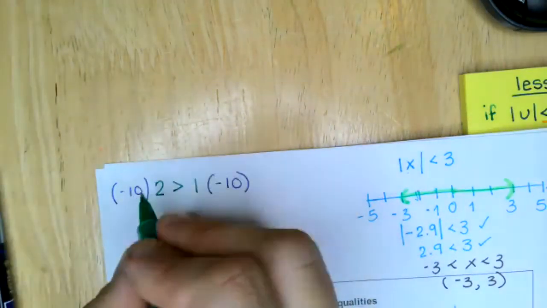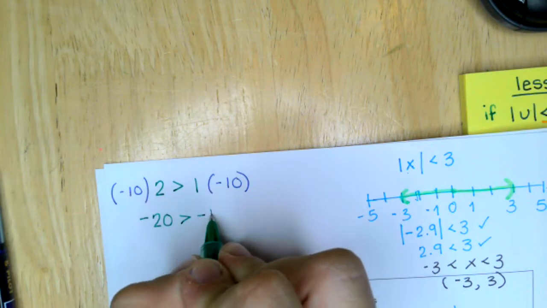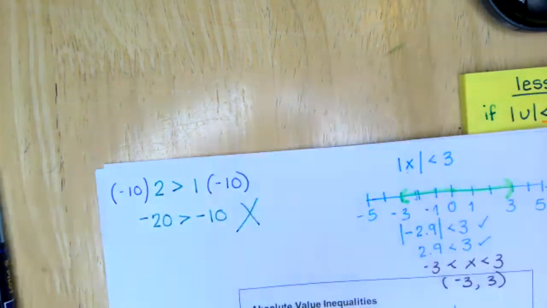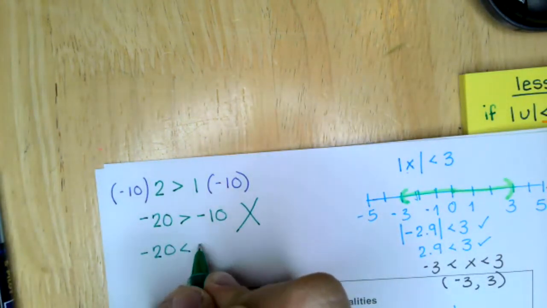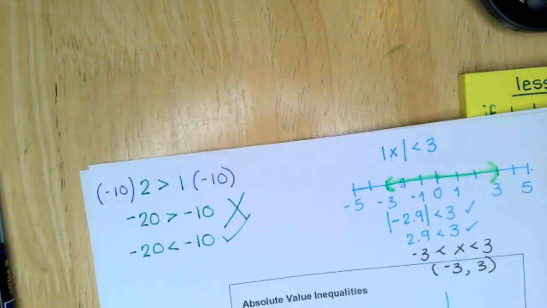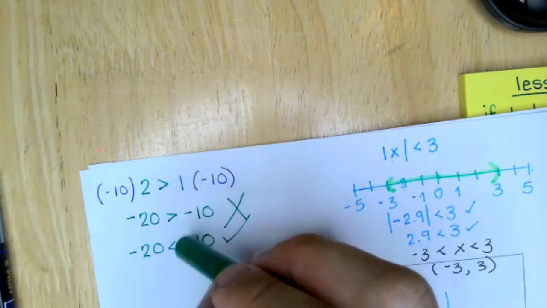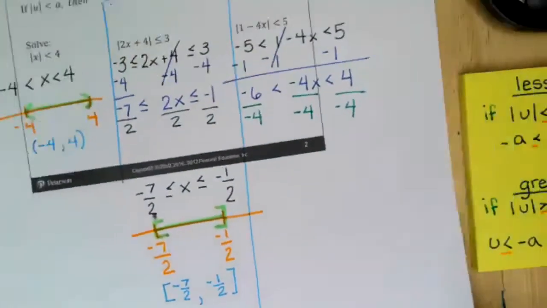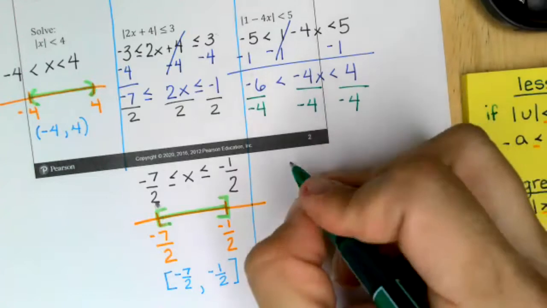Now I have negative 20 is greater than negative 10. Is that true? No. It is only true if I flip the sign. So anytime you're multiplying or dividing by a negative, we need to flip the sign to keep the inequality true. So I'm dividing by a negative 4, so I need to flip the inequalities.